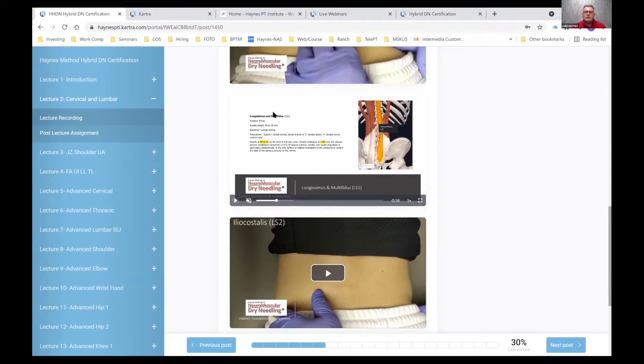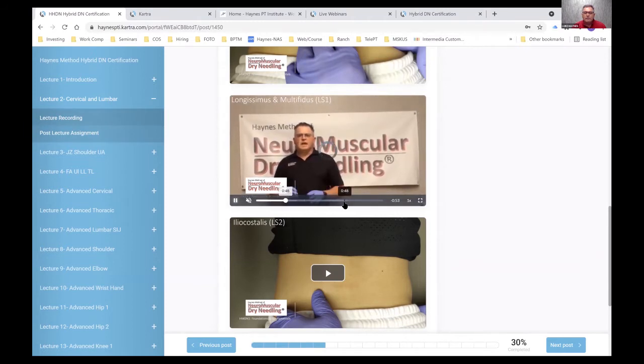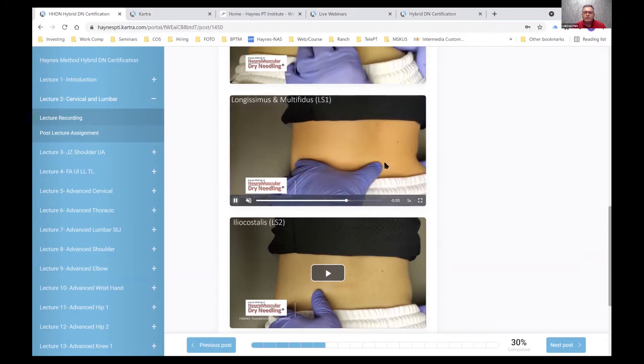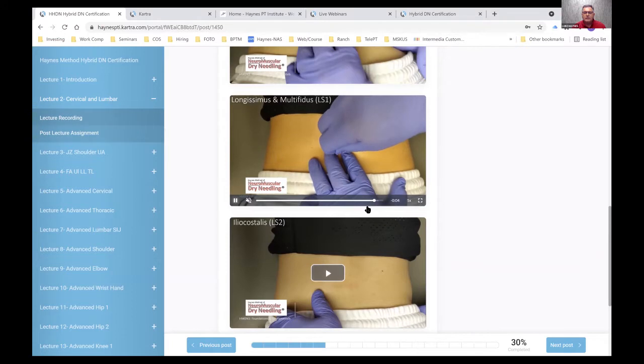Again, you can pause here to take a screenshot if you want, however you want to get access to that. And then it'll move straight into a little discussion of the procedure itself, and then we finally get to a further out view of the needle stick, and then we get a nice, tight, close view as well.